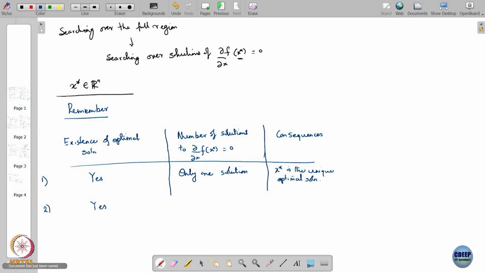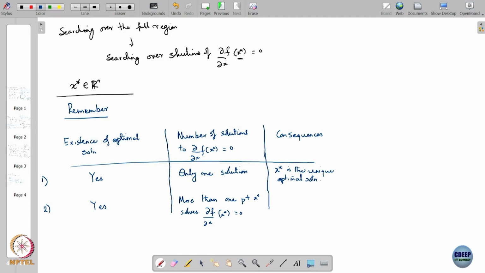Now, suppose there is a solution to this set of equations, to the optimization problem. There is an optimal solution, but when you look at these nonlinear equations, you will find more than one point x star that solves this.